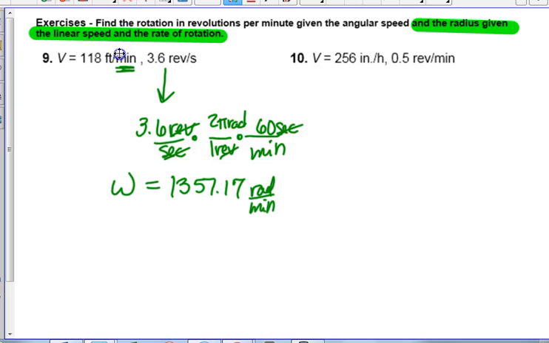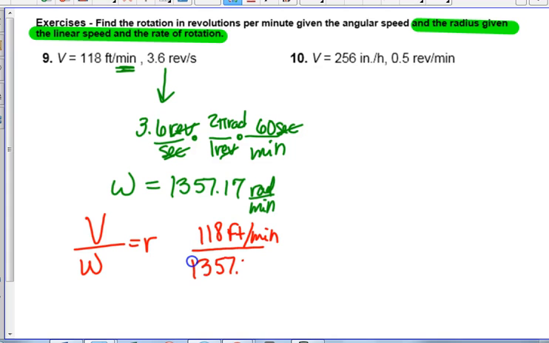And we didn't need to change it to minutes. We could have changed this one instead, but eventually we need to be doing this, and we needed them to have the same labels. So we have 118 feet per minute divided by 1357.2 radians per minute, 4.17, whatever you want to do.